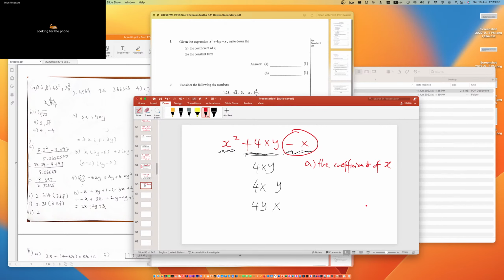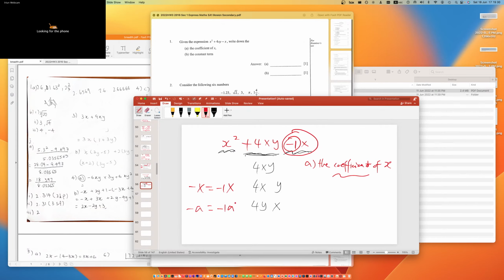Coefficient of x is what is in front of the x term. A negative sign. Yes, without anything it is negative 1. Negative x is equal to negative 1x actually. So negative a is negative 1a.